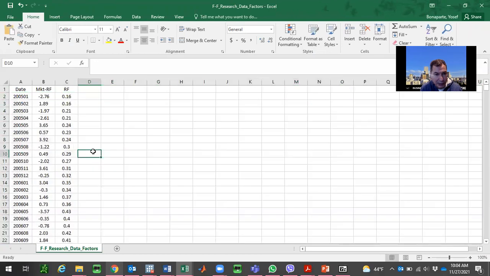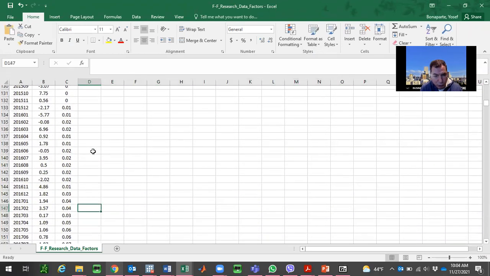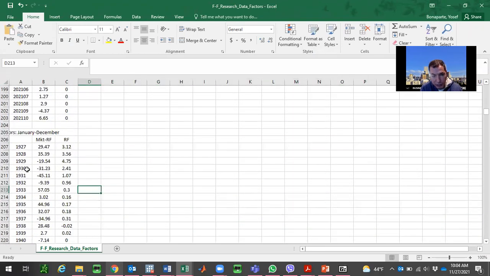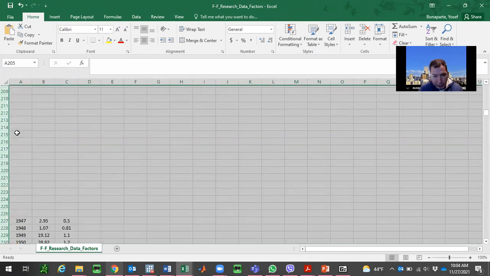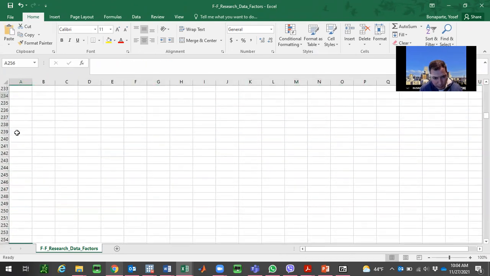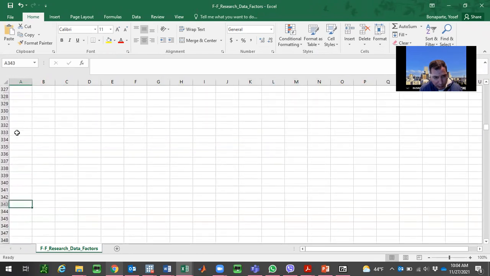So delete, we get that. Now, some of you, when you do regression, didn't know that there are also annual rates here. So I don't need that, so I delete them. Okay, there's something here I see. All right, I delete that. So we're using the data from 2005.